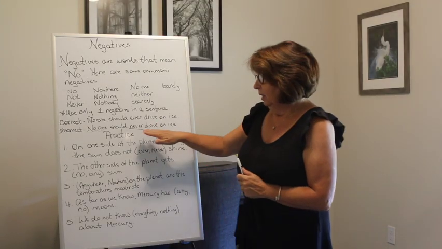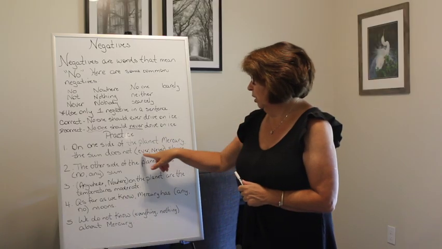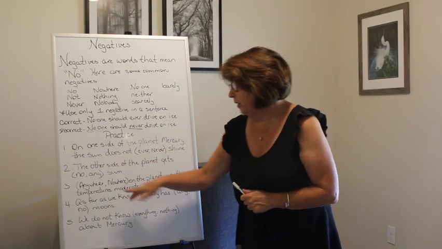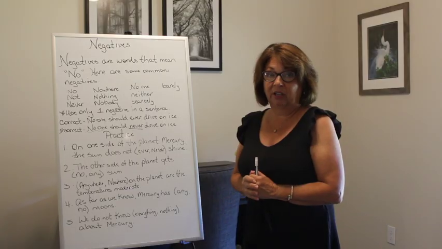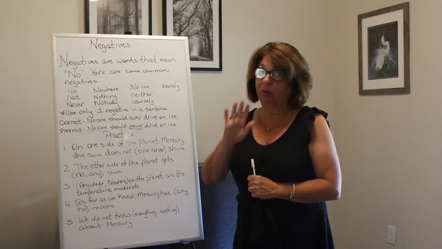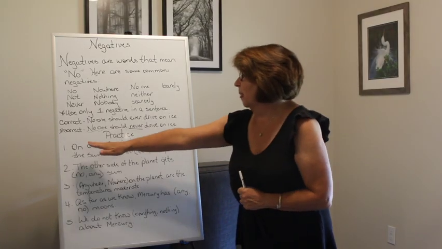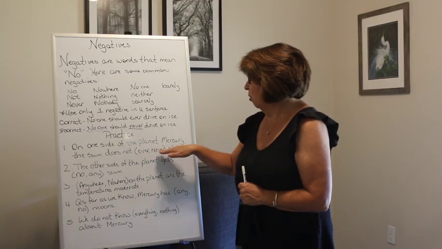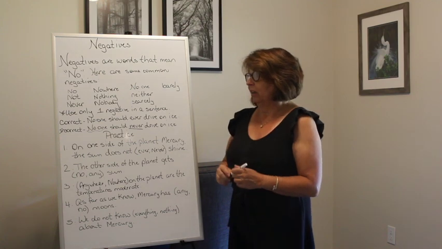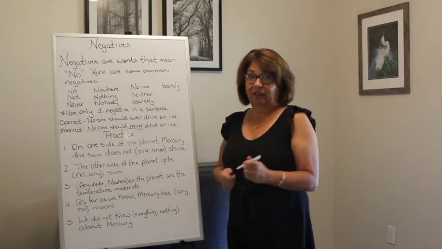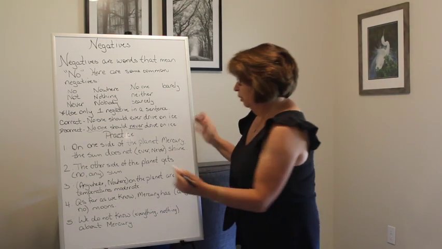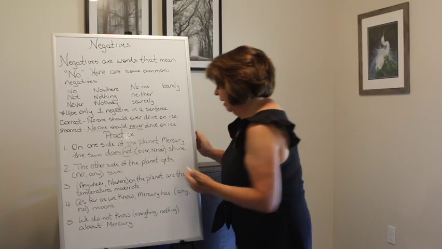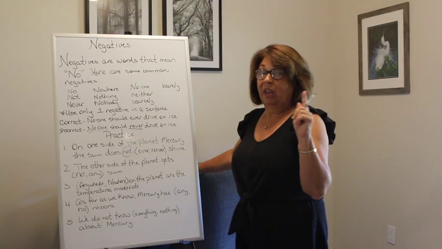Okay, let's practice. We're going to choose between one of these words in parentheses to correctly complete our sentence. Remember, one negative per sentence. On one side of the planet Mercury, the sun does not (ever or never) shine. All right, is there a negative in this sentence that we see? If you said not, that would be correct. So, we have the negative.